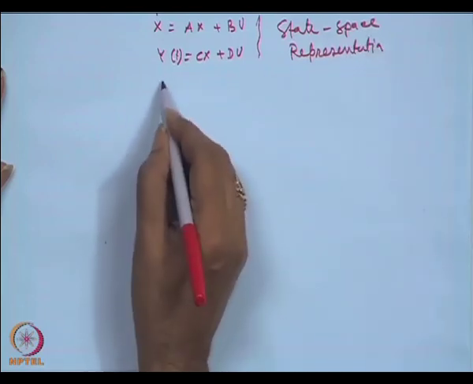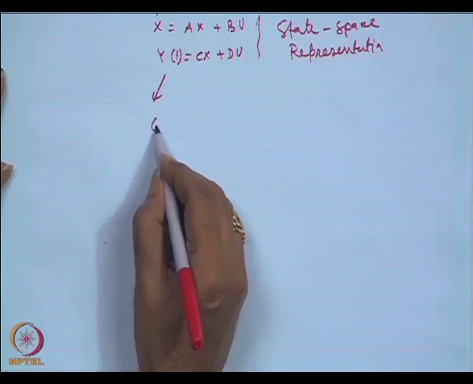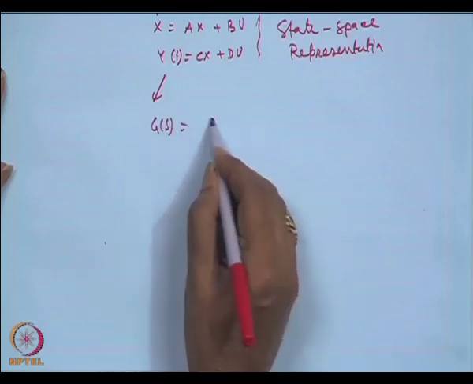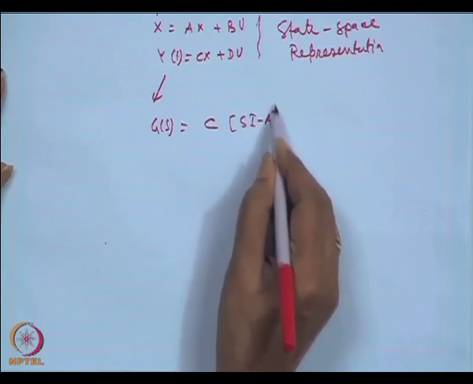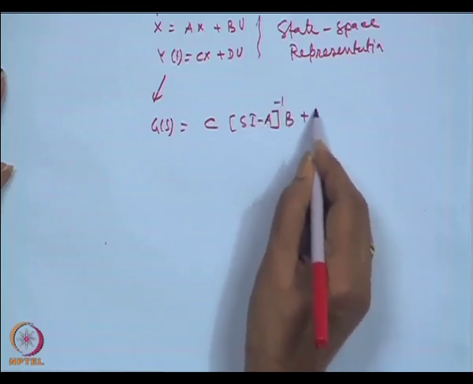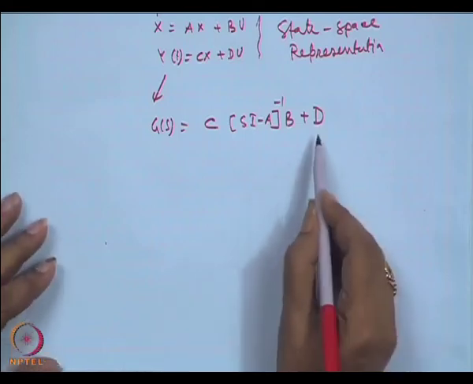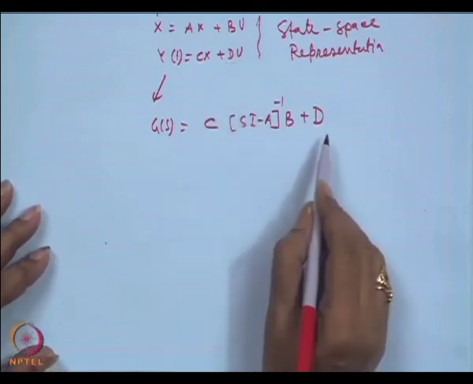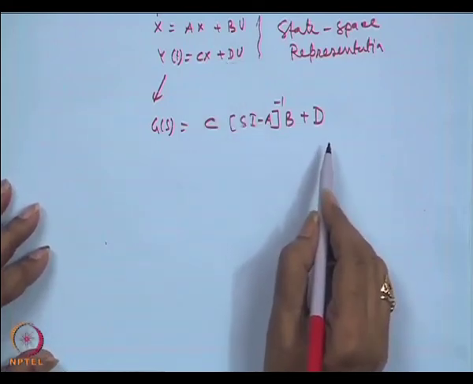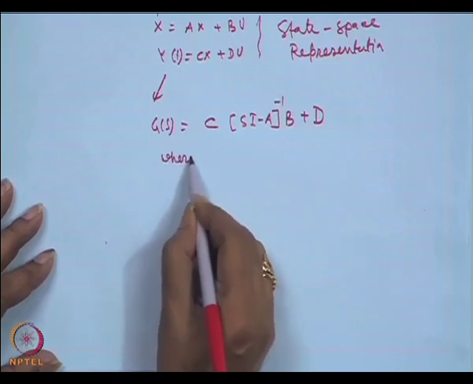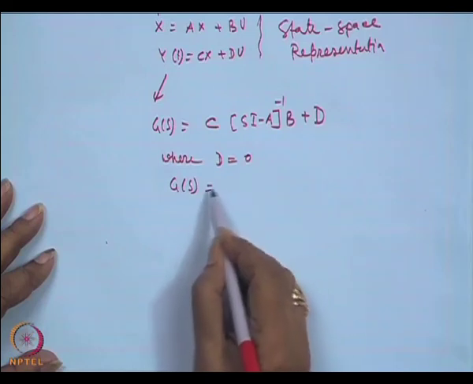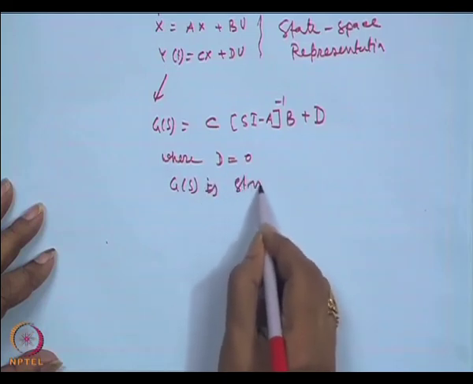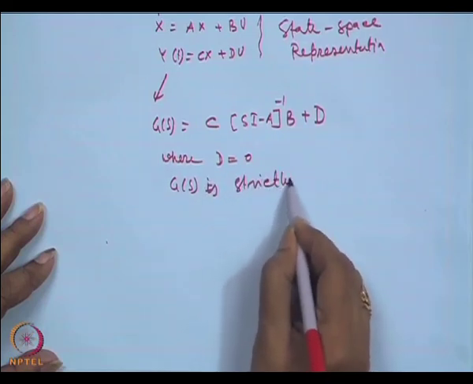Now, what is the transfer function representation of this one? G of s is equal to C (S I minus A) whole inverse B plus D. If D is 0, the transfer function G of S is a strictly proper transfer function.